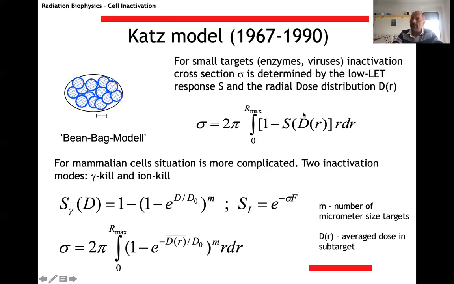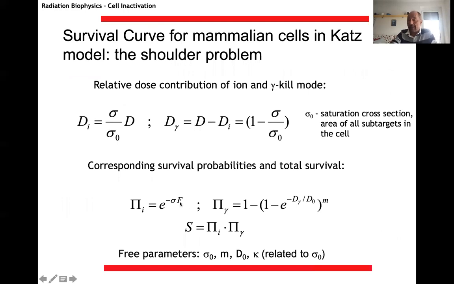This is the problem here, that of course you have sigma here, so you have a big problem in describing the curvature of the survival curve, because if everything is in the cross-section, at the end you will only have e to minus sigma f. But if you introduce a term which is gamma dependent, like a multi-target model, but could also be a linear quadratic model, and you write your sigma now in this way, then eventually you can arrive to a point.